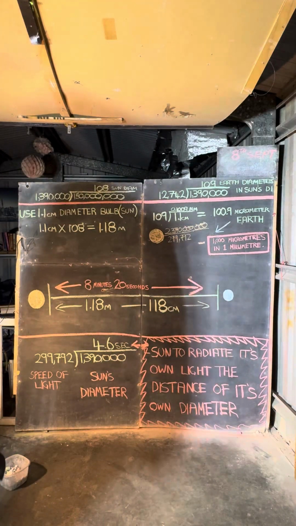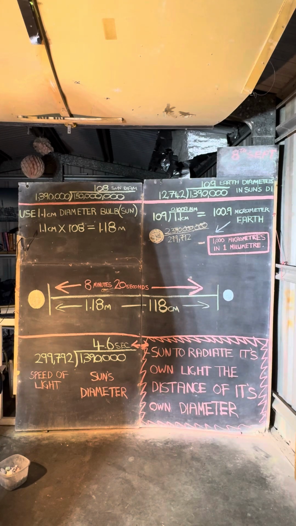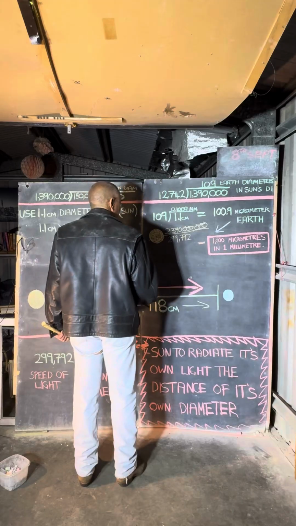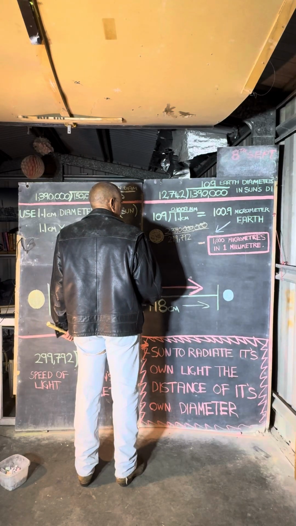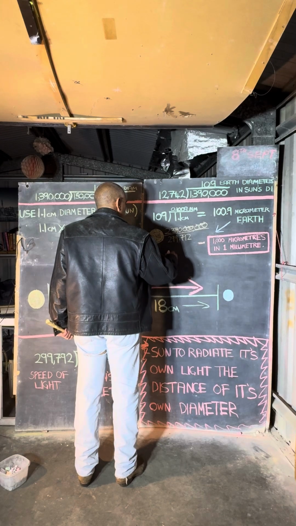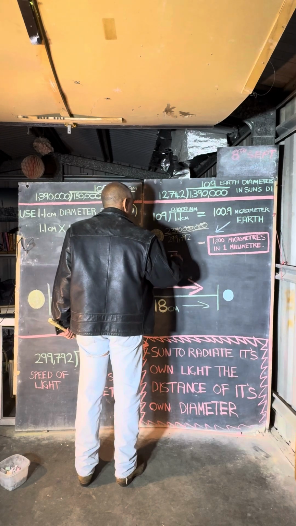Alexa, what's 2,370,000,000 divided by 299,792? 2,370,000,000 divided by 299,792 is approximately 7,905.4811.